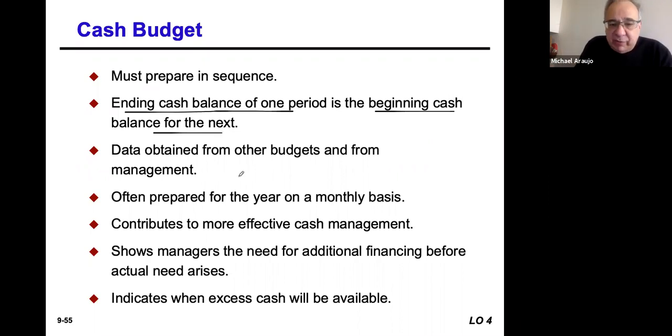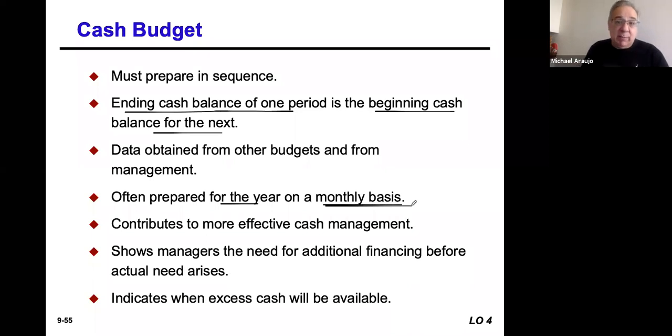You'll see it's relatively straightforward. It's often prepared for a year, but they do it on a monthly basis because your expenses are usually budgeted on a monthly basis. So you've got rent and other things that you would normally pay on a monthly basis. So it's easier to do a cash budget month to month, but you're going to do 12 of them for the whole year, in essence.